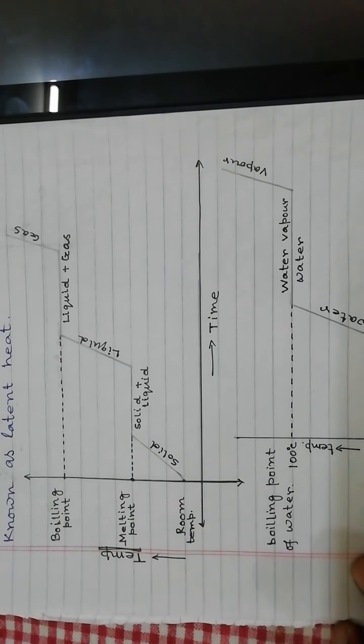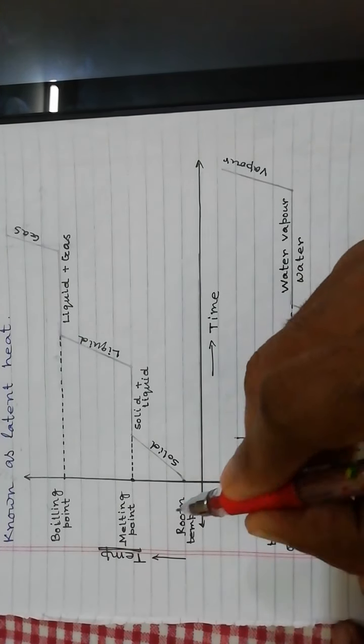Now when a solid is heated, first of all its temperature increases. But when its temperature reaches its melting point, then it starts to melt, starts to convert into liquid.